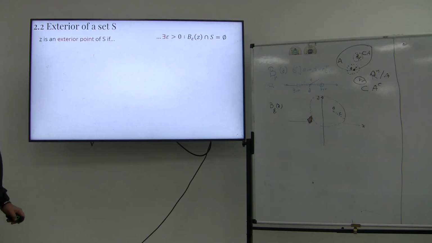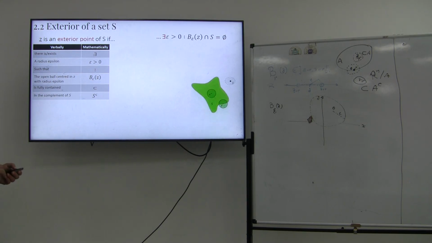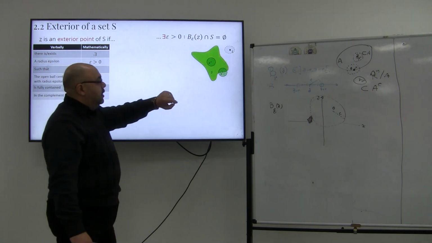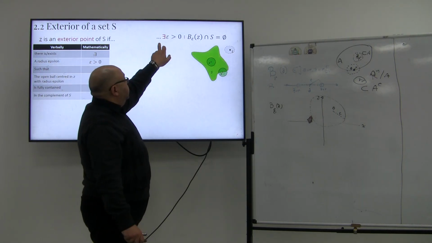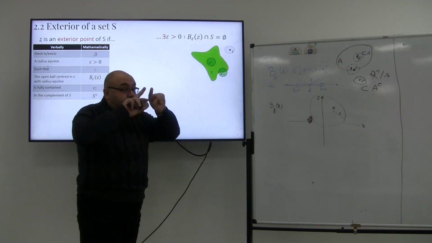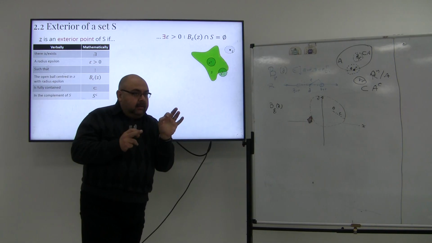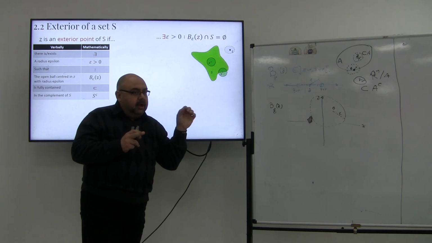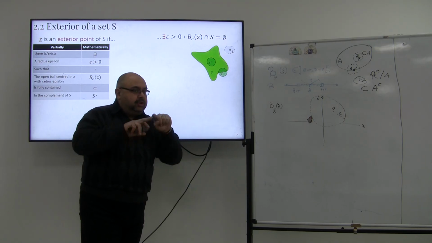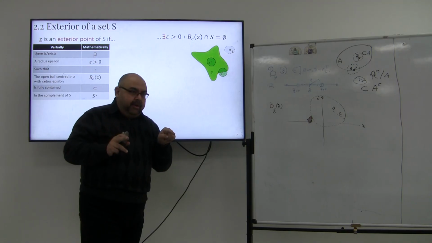Okay, exterior of a set. If there exists epsilon greater than 0, so the point and its neighborhood is completely out of your set. Also with the same definition of the reading, there exists epsilon greater than 0. So I'm talking about the bubble around the point. The bubble is controlled by the epsilon. Epsilon is greater than 0, which means it's slightly greater than 0.